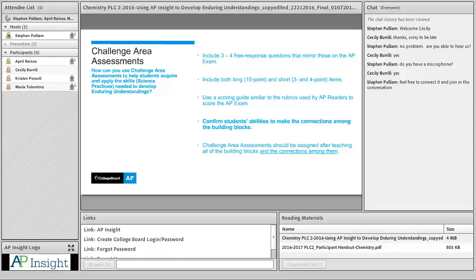So the bold-faced line there, as I read that, I thought, wow, in my mind's eye, I see that concept map from the Welcome to AP Insight webinar. I don't know if you guys remember that, but being a presenter, I've seen it many, many times, where it's got all of the challenge areas listed in circles, and then there are all these arrows connecting challenge area to big idea 1, 2, 3, 4, 5, and 6.